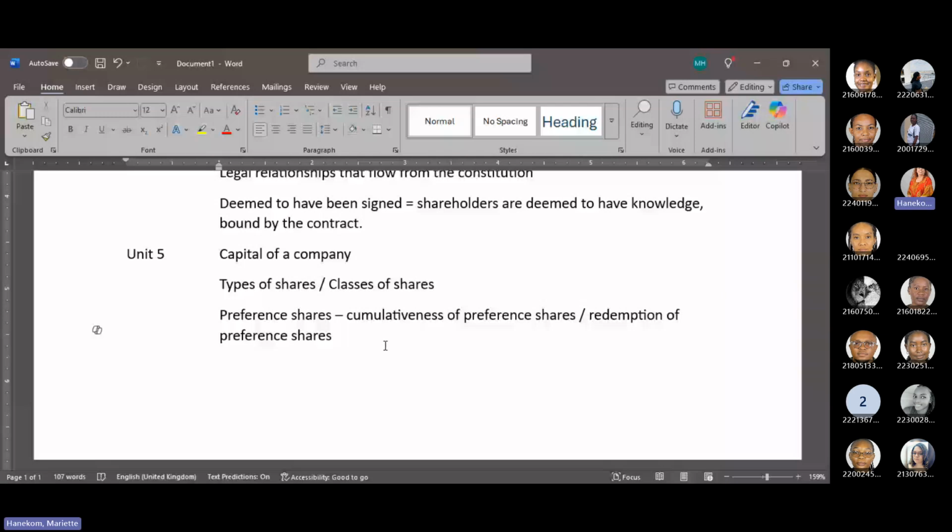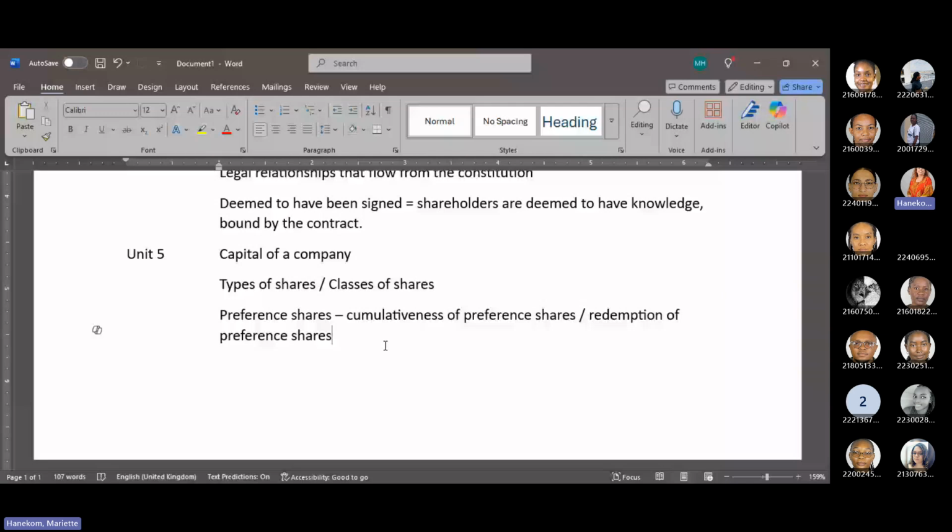Preference shares are redeemed at a fixed time, after a fixed period of time, at a fixed premium. Money used for the redemption of preference shares only comes from one of two sources: either from a new issue of new shares.